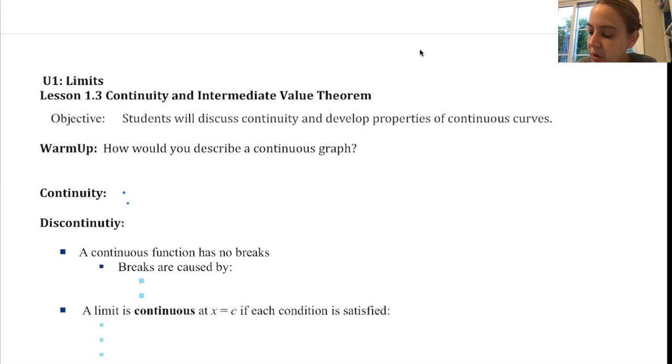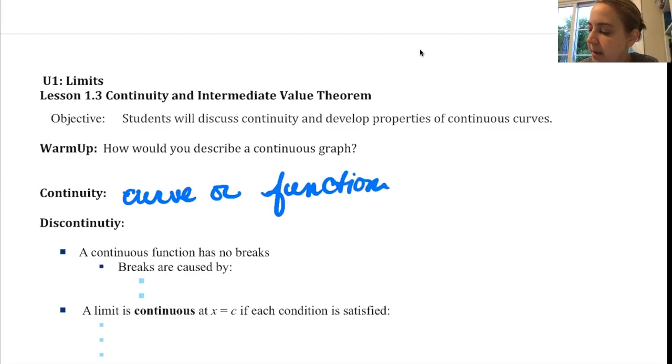Continuity means to continue. Can't really use the word continue. A curve or a function with no breaks or gaps.